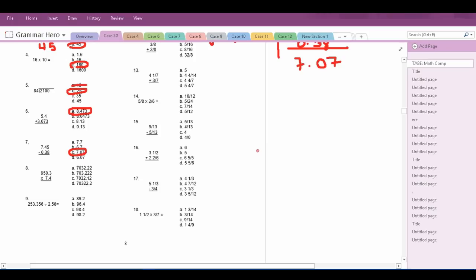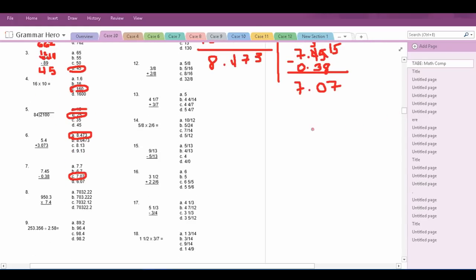Multiplying decimals, there's a trick to this that I'll show you, and again, I'll work it off to the side. And they're really crushing us with this arithmetic. So we got 950.3 times 7.4.